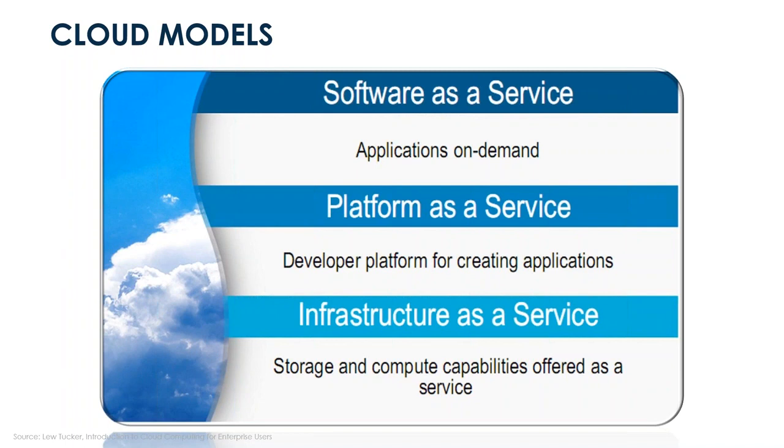Software as a service is more where applications are on demand. There are already applications running. You subscribe to these applications and you run off the cloud. So you're not responsible for managing the infrastructure, but you're more focused on working with the applications on a subscription-based model. That's how software as a service typically works.